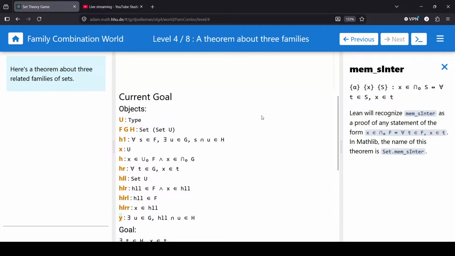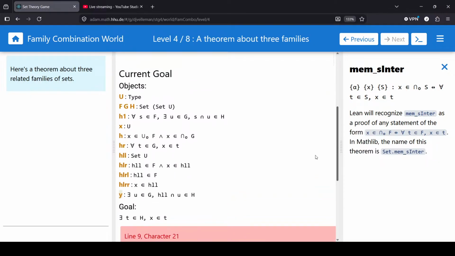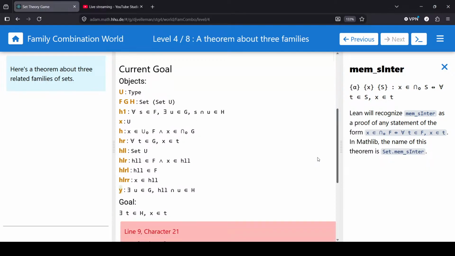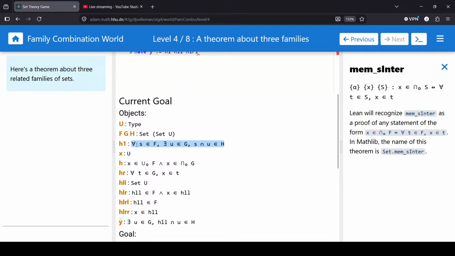A good naming convention would be to have all statements have an H at the start, and all other objects not have H. All statements. What do you consider a statement? Like the ones that have the for all in front?